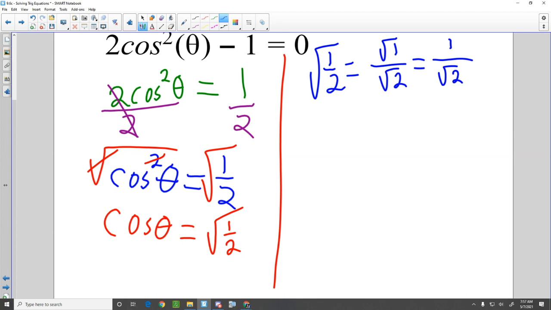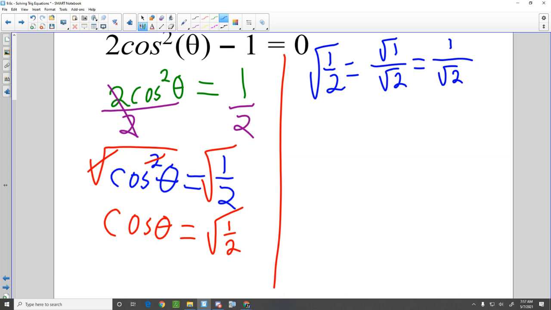1 squared is just 1, so that's nice and easy. Unfortunately, I can't simplify the square root of 2. That's not a perfect square. And if I look at that fraction, I have 1 over the square root of 2. Do we like having square roots in the denominators? Nope. How do I get rid of that square root of 2 in the denominator? We can just rationalize that denominator.